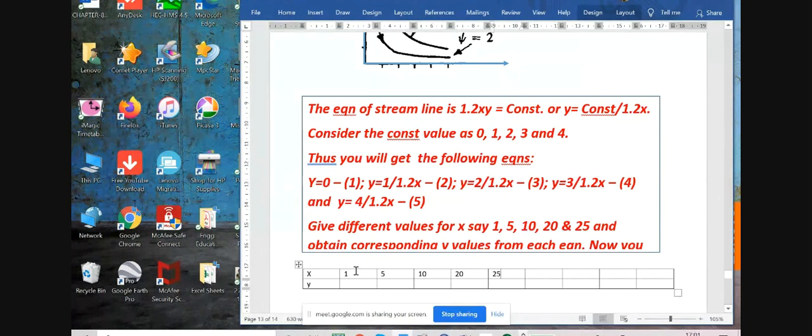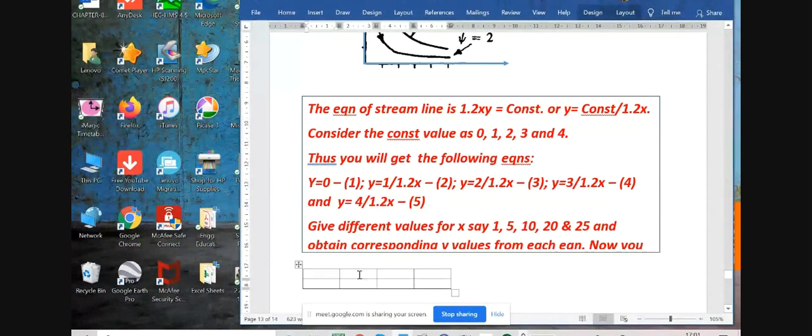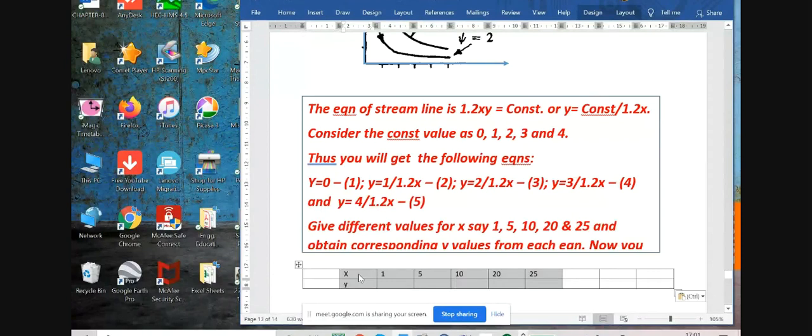So like that, use each equation. So this is equation 1.